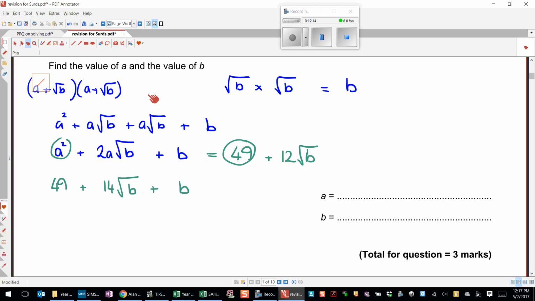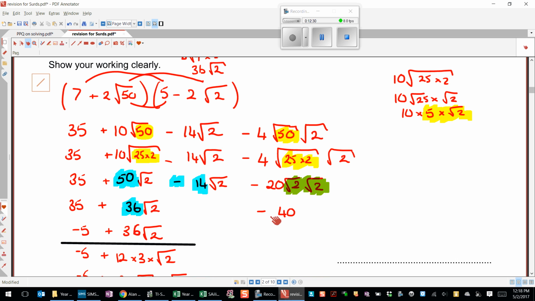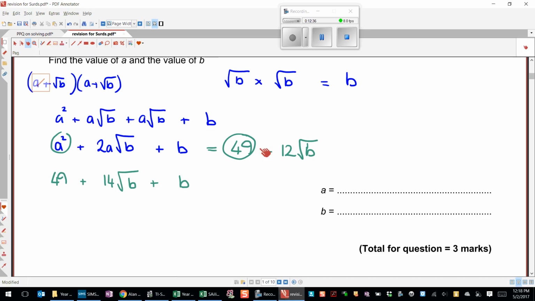We made an assumption that A was 7 because of the 49, but the trouble is there's a plus B. And that plus B, as in the one we've just done where the minus 40 affects the first bit, affects the other bit. So this B has to affect the 49. So that means A can't be 7.